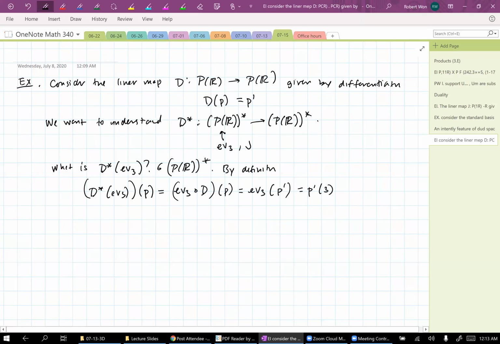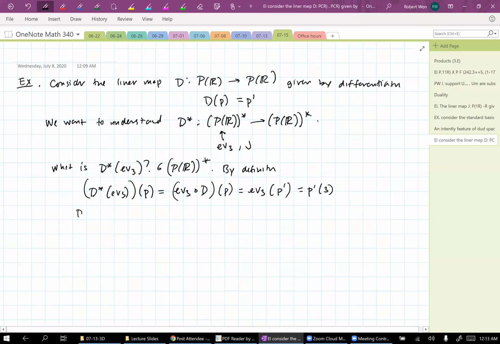So if you take this differentiation map, what its dual does to the evaluation at 3 functional is it gives you a new functional, which just evaluates the derivative of P at 3.